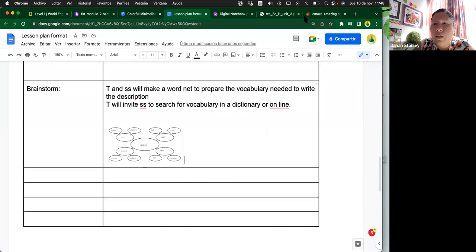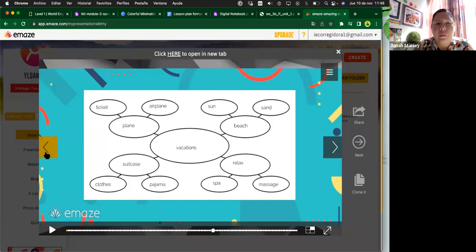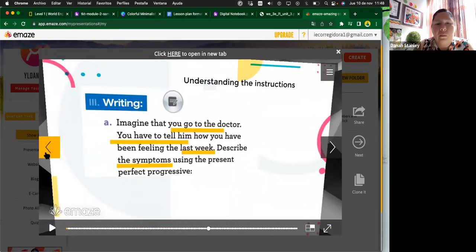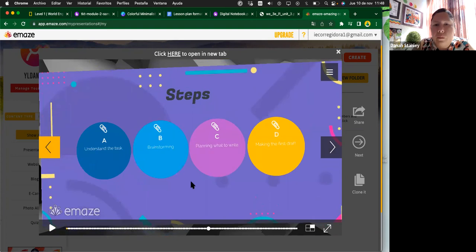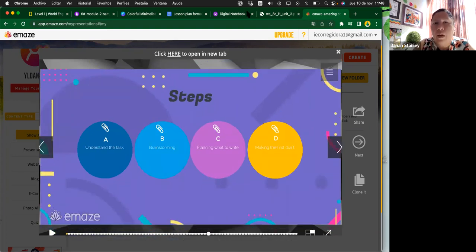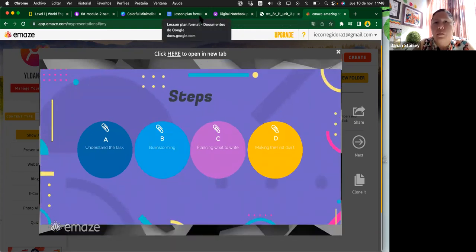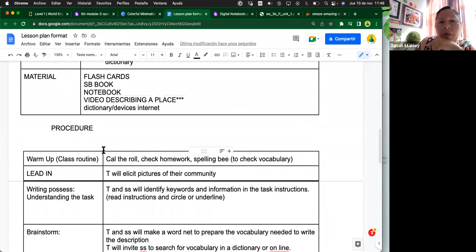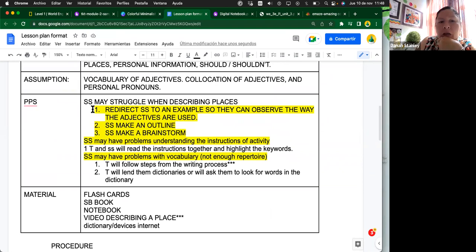What is the following step? Planning what to write. Entonces, probably here planning. They are basics, no? Based on the possible problems you stated here, what can you do in this part?